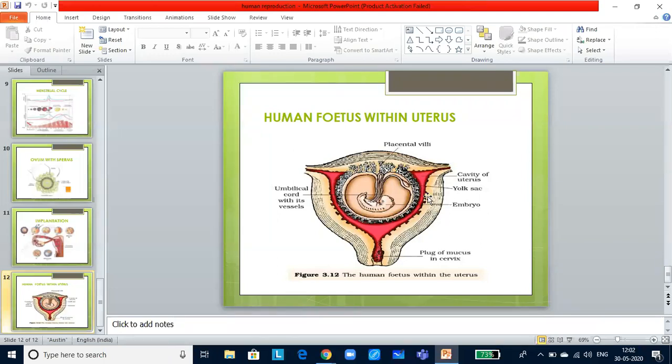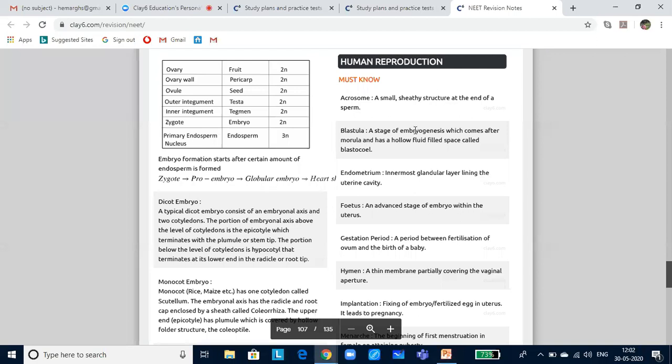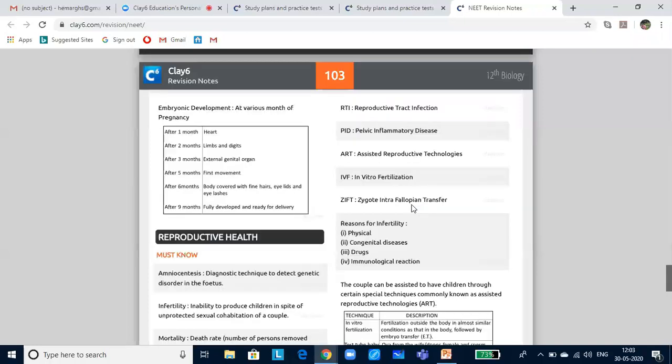The inner cell mass contains certain cells called stem cells that have the potency to give rise to all tissues and organs. So this is about how the growth takes place. Now, if you remember, stem cell banks have come up recently, in a decade or so.